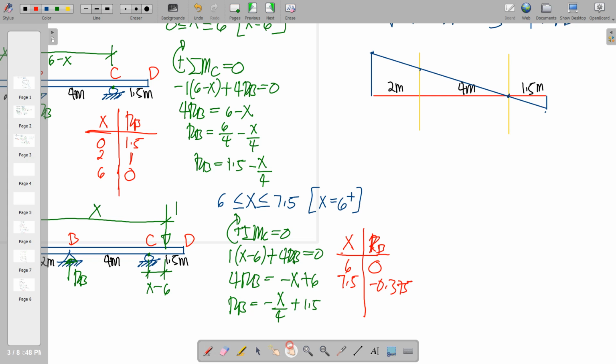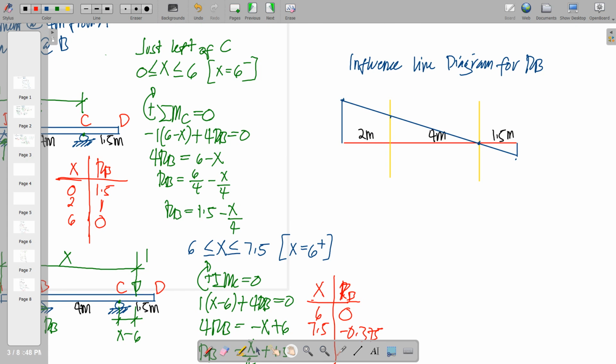So we tabulate that one because we are concerned with shear at point O, right? And shear at point O is so dependent on RB. Say if we have an x, we have a corresponding RB, and we also have a corresponding VO.